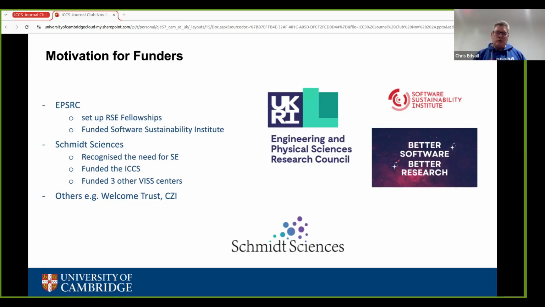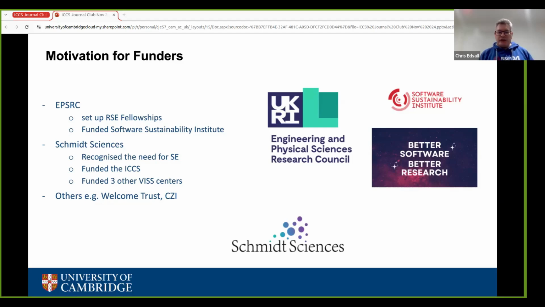But they certainly saw a need for this, and within the VESRI project, or connected to the VESRI project, they funded our institute, the Institute of Computing for Climate Science. And also because they see the value in this, and this is a good model. There are 3 other of these virtual institutes of scientific software. So the ICCS is unique in that we've got one domain we look after, climate science. The other 3 VIS centers span all areas of research.